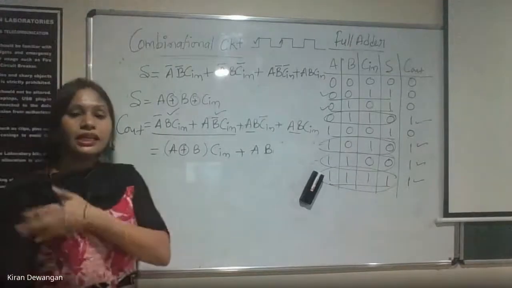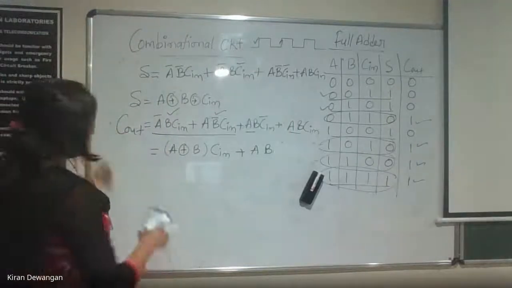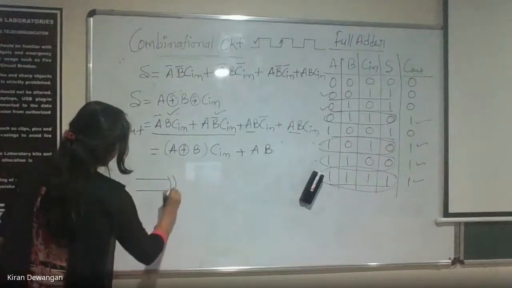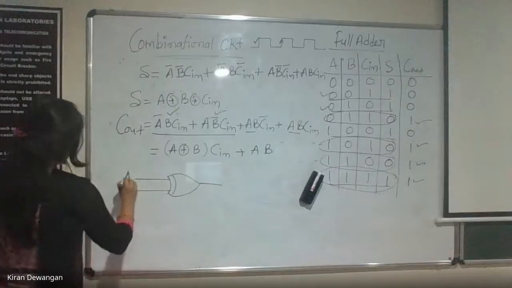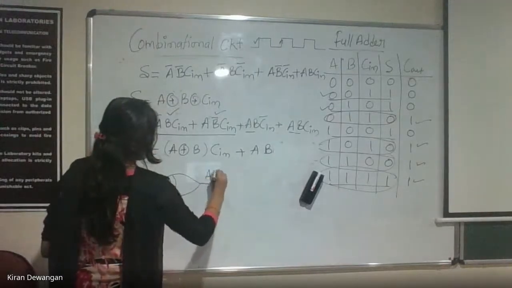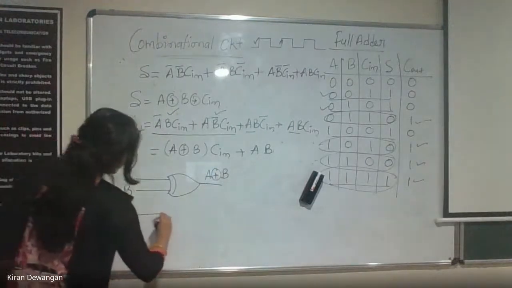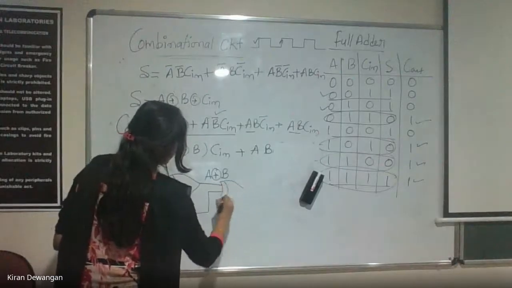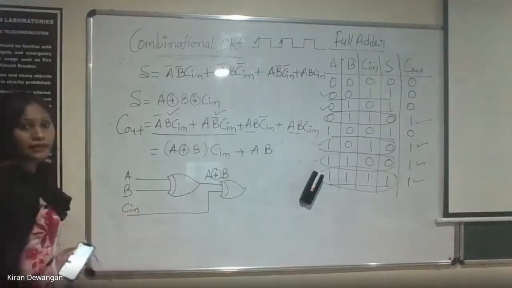And we can easily design this also. What is our sum? A, B. This is A. This is B. This is A XOR B. Now we need to give another input, and this input is C in.